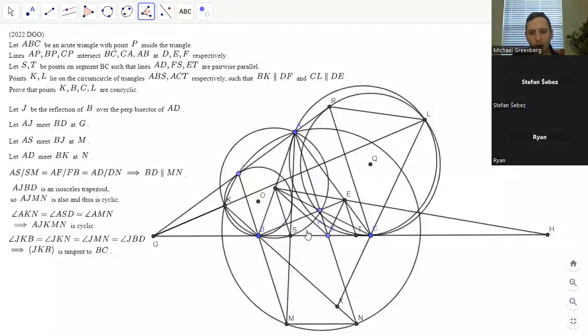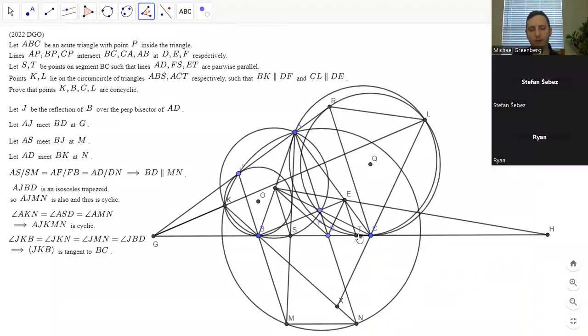So we want to show that KJ over KB is LR over LC, and we have those two similarities. We have an analogous similarity with LRC. So we basically get rid of everything outside of triangle ABC right now. So we just want to show that DS over DT is FS over ET, right?